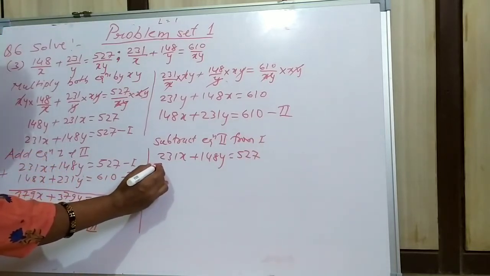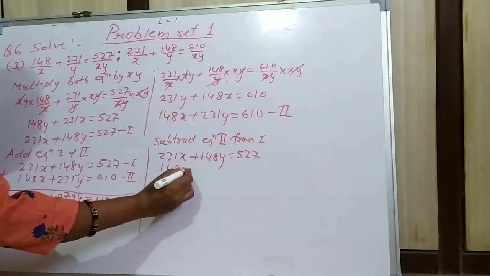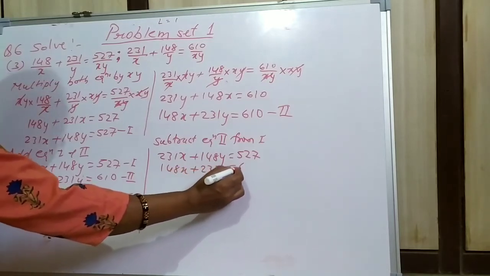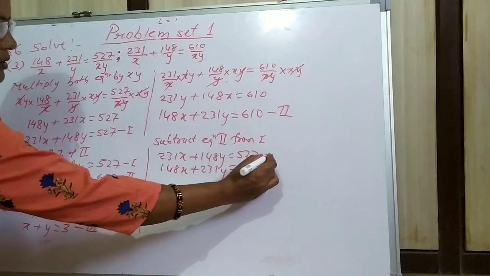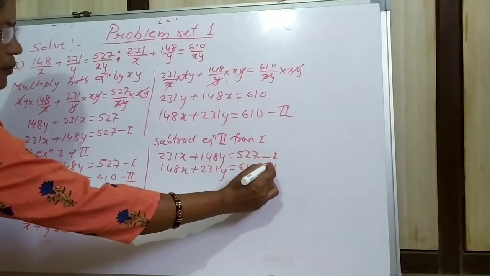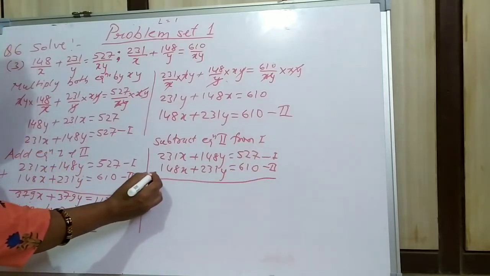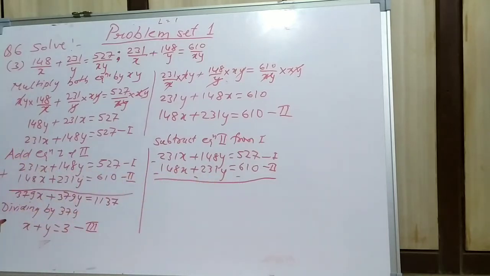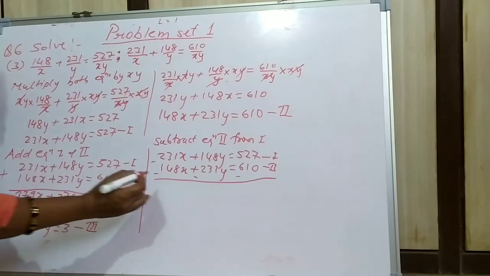Second equation here: 148x plus 231y is equal to 610. This is equation 1, this is equation 2. So in case of subtraction, signs are changing, you know that one. So 231 minus 148, you will get 83x.